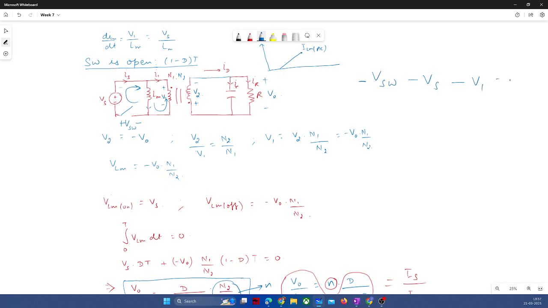Basically, if you apply KVL, the switch voltage will be equal to minus of your supply voltage and V1. Yes, it is correct.